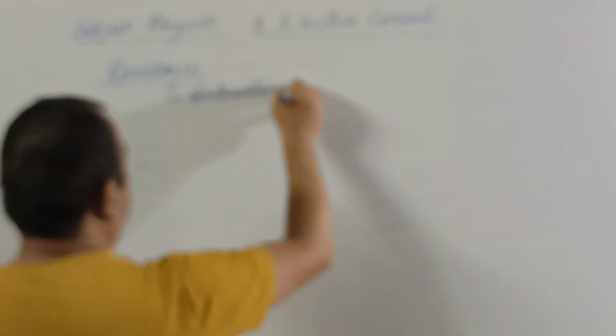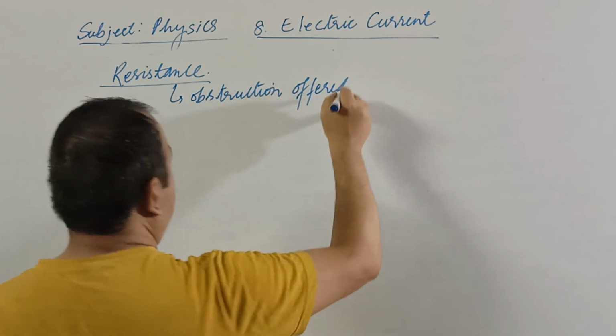So resistance is simply the obstruction offered to the flow of electric current.